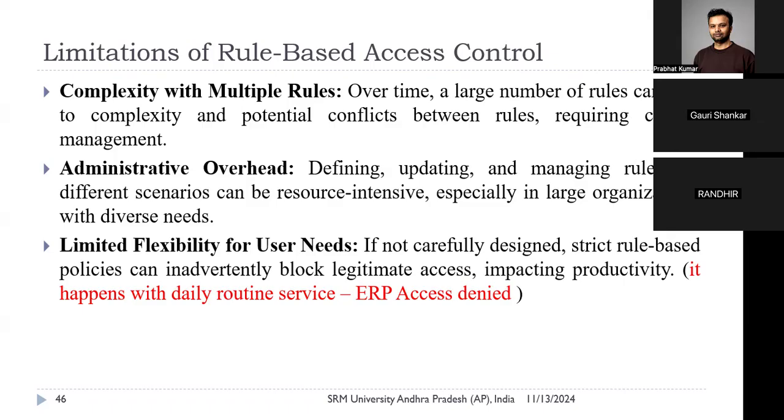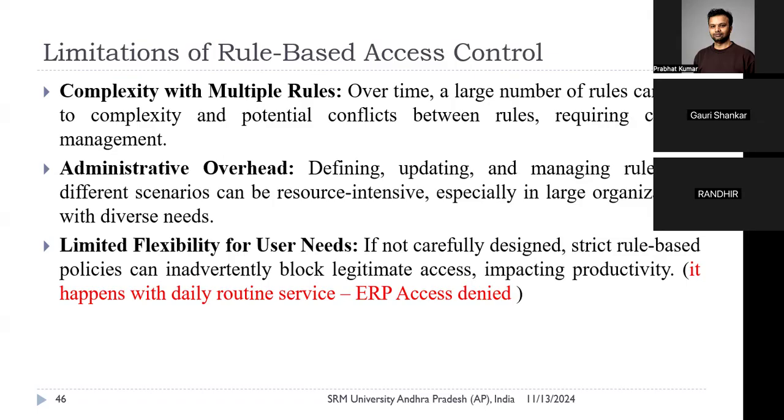Then, limited flexibility for user needs. It happens in daily routine service. We are accessing ERP services, and today some rules are changed. We are unable to access the dashboard because the rules were changed by the admin, generally, right? If the rules are changed by the admin, you will not be able to access.